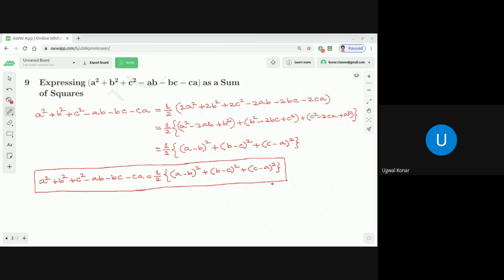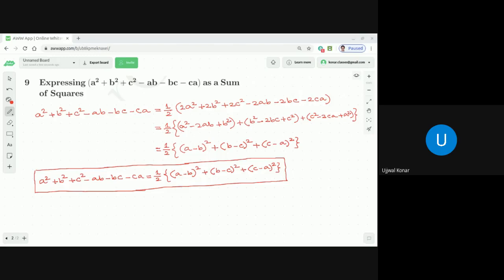Now from this formula we are going to derive two important points. The first important point is that if a, b, c are any three real numbers, then we must get (a minus b) whole square, (b minus c) whole square, and (c minus a) whole square as positive real numbers. Correct?